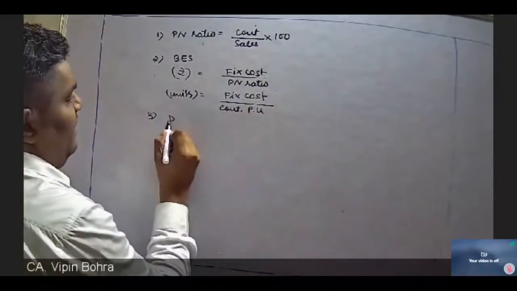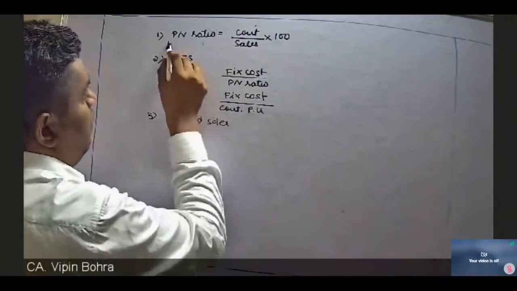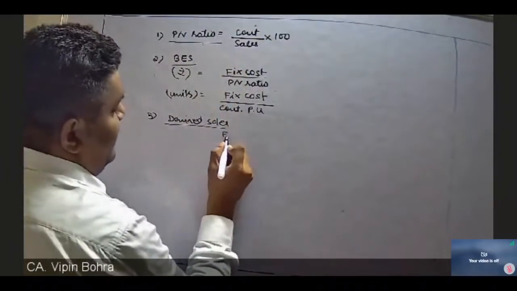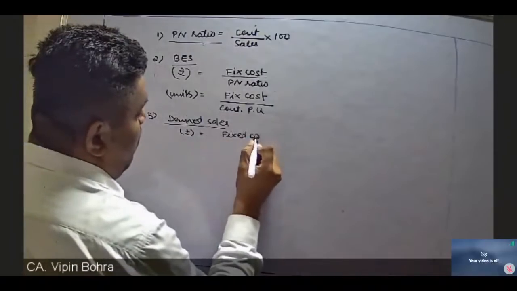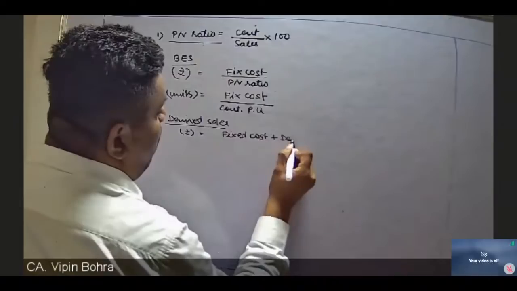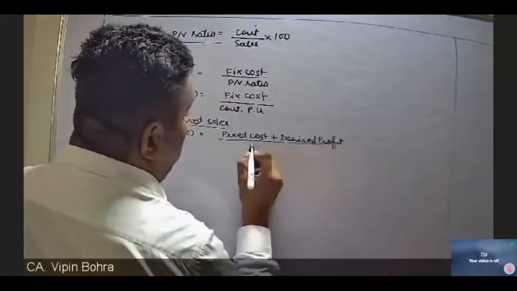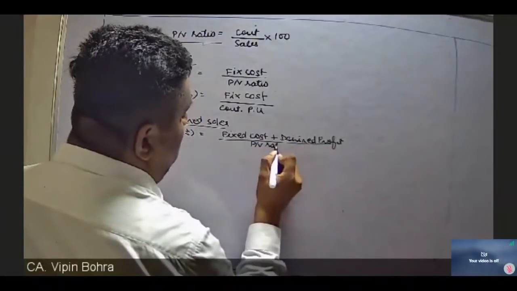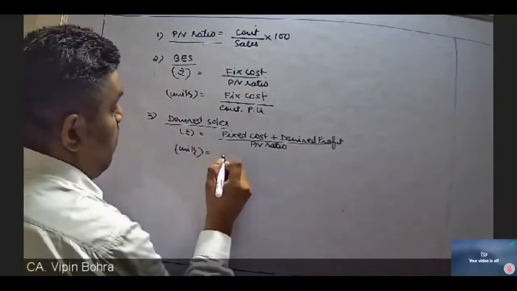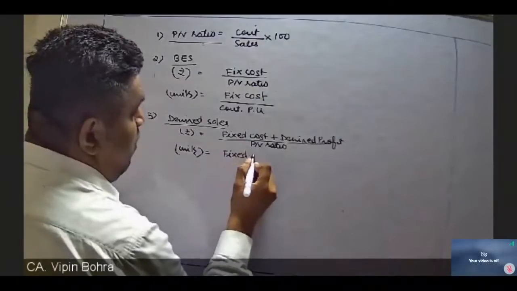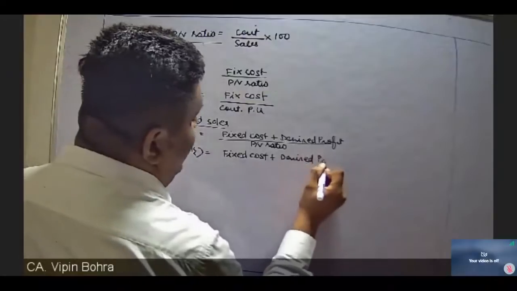Third, I have explained desired sales. In rupees, fixed cost plus desired profit divided by PV ratio. In units, fixed cost plus desired profit divided by contribution per unit.